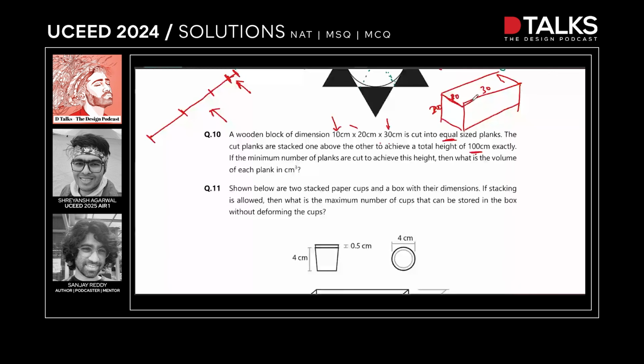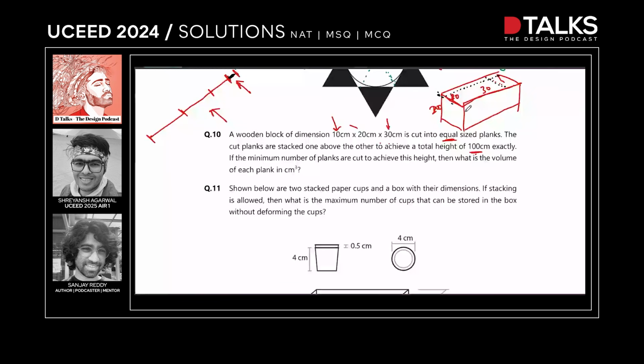If we want to use this side, we cannot make any cuts in this direction. If we want to use the 10 side, we cannot make any cuts in this direction, because that will reduce the length of the 10 centimeter length. Then we won't be able to place a block on this part to create 100 centimeters.